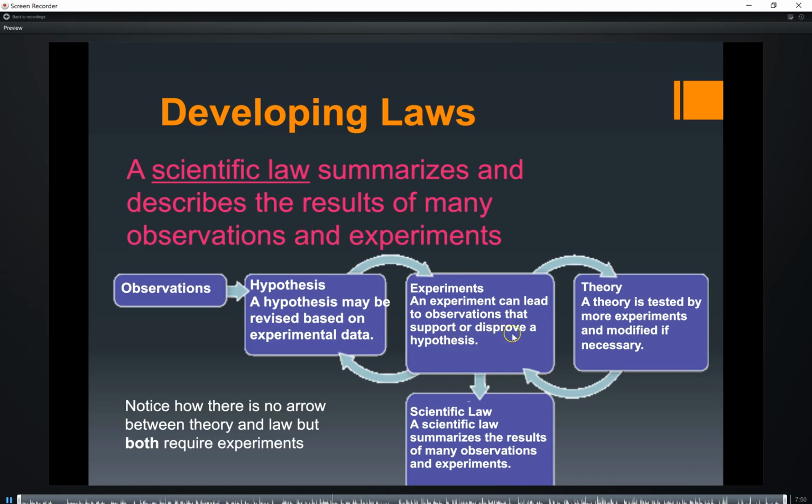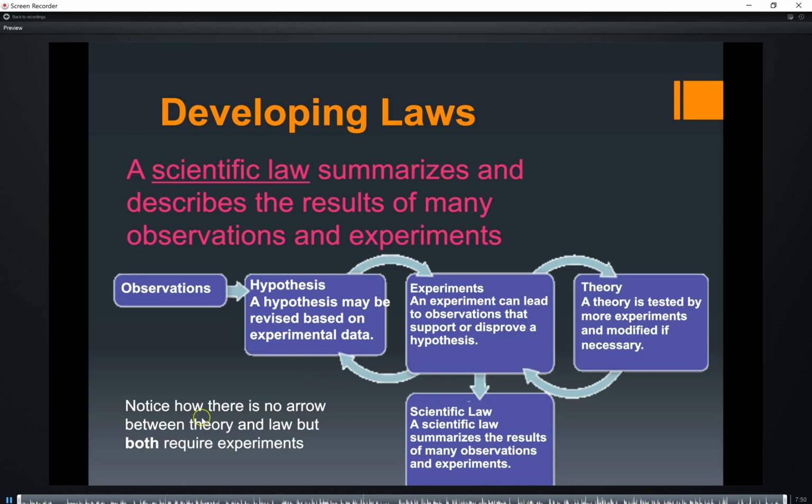You have to have many repeated experimentations, and then it has the potential to become a theory. The theory can then be experimented on again, and then the theory can be revised or modified if needed.